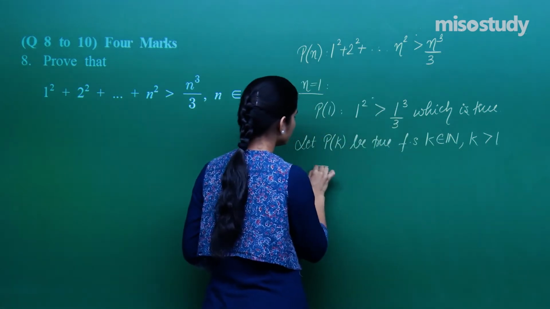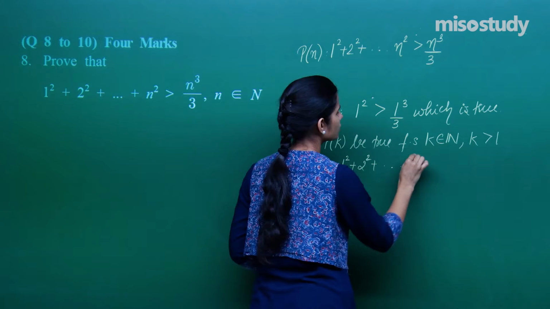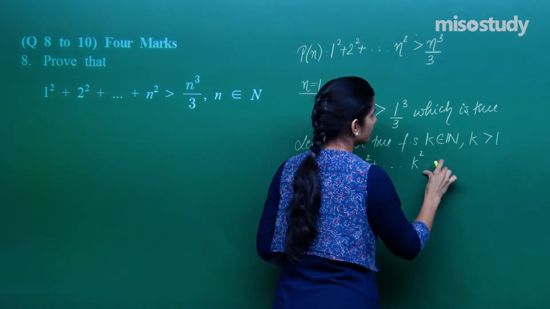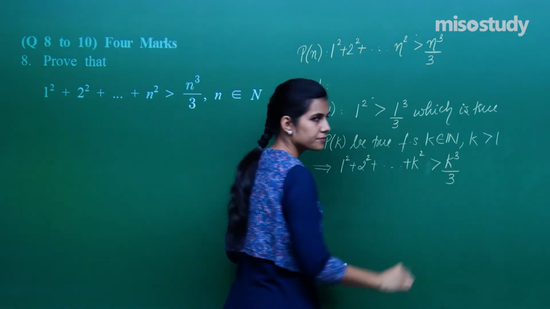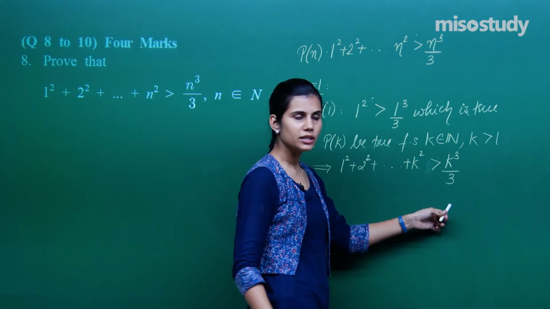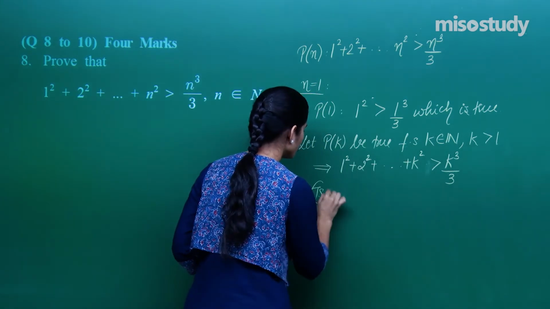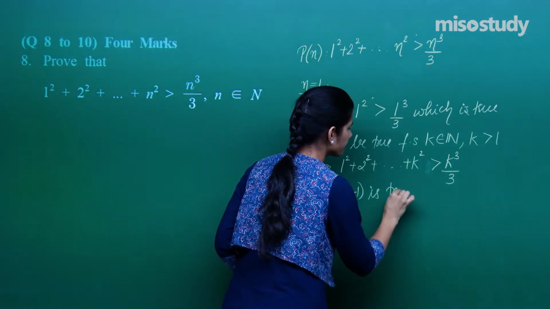k greater than 1. If Pk is true, that means 1 square plus 2 square plus and so on k square is greater than k cube by 3. Sum of squares of first k natural numbers is greater than k cube by 3. I have to show Pk+1 is true.